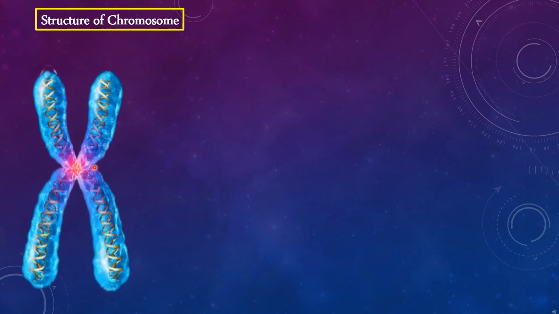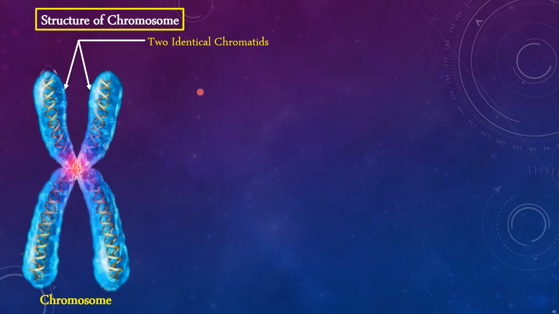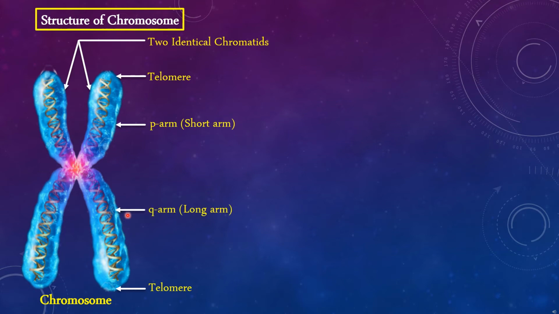In its structure, we can find 2 chromatids, telomere, its short arm is known as P arm and long arm is known as Q arm. These 2 chromatids get attached at the centromere.